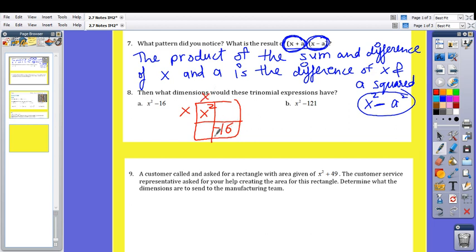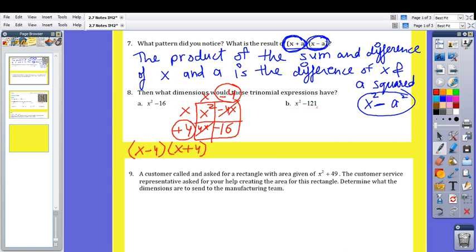Now, 4 times 4 gives you 16. So, one of them will be positive 4, one of them will be negative 4. So, then this will be 4x, take away 4x, so they cancel out. So, basically it is positive 4 and negative 4. So, it will be x take away 4 and x add 4.